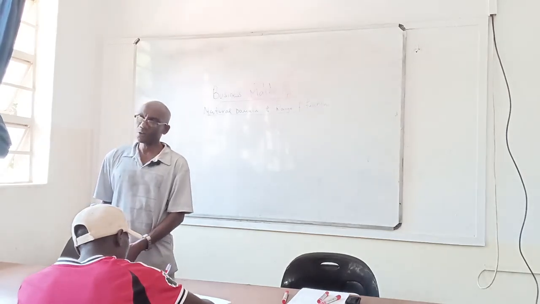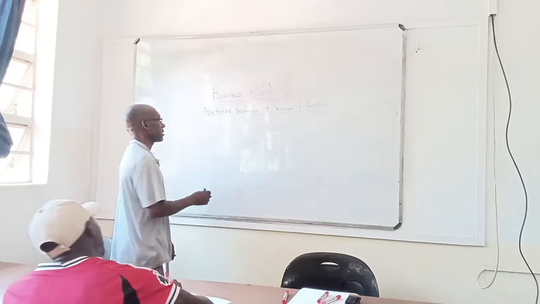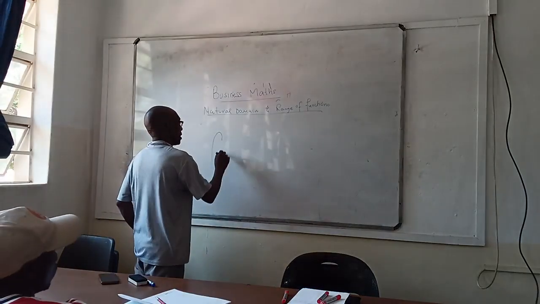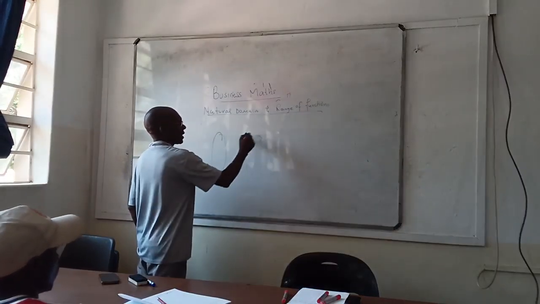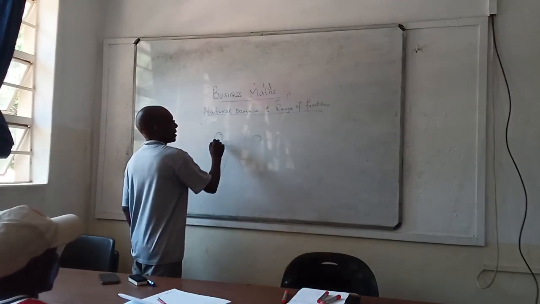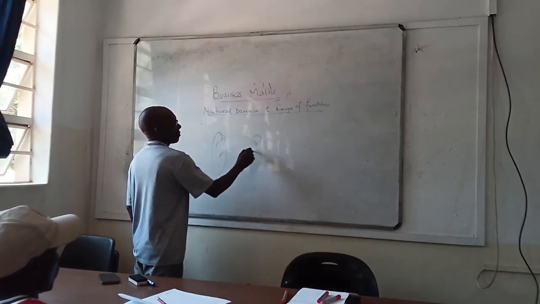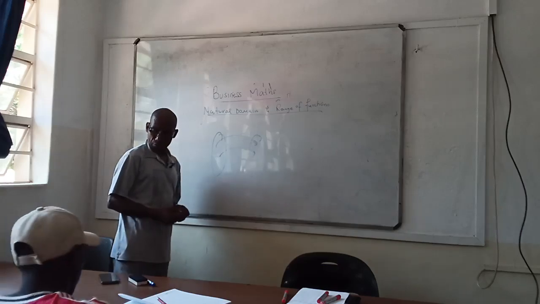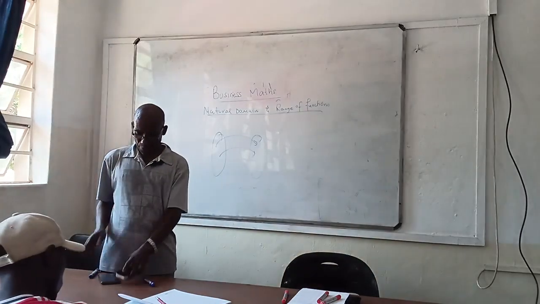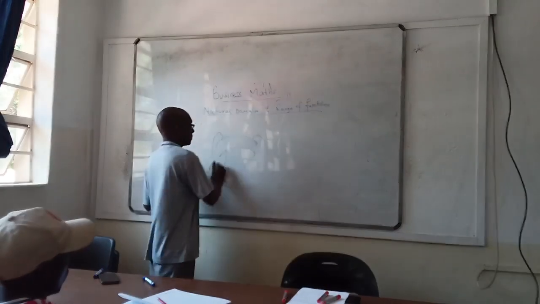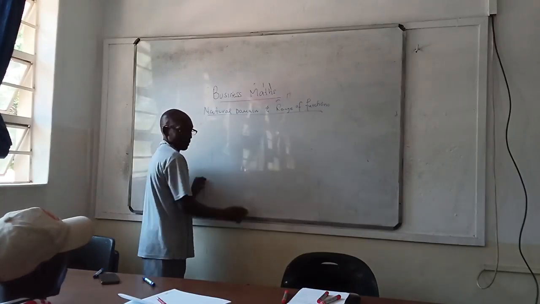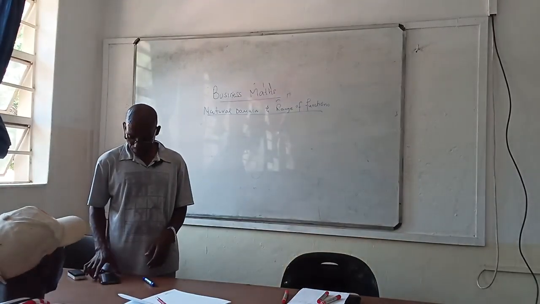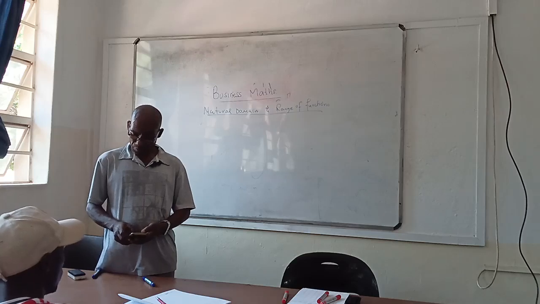I draw something like this. Domain and range. Is it not this class? That was mapping, it was mapping.